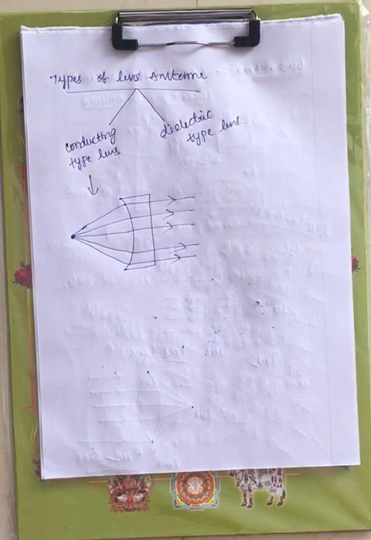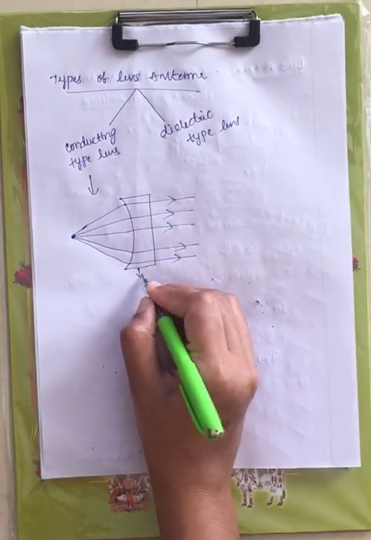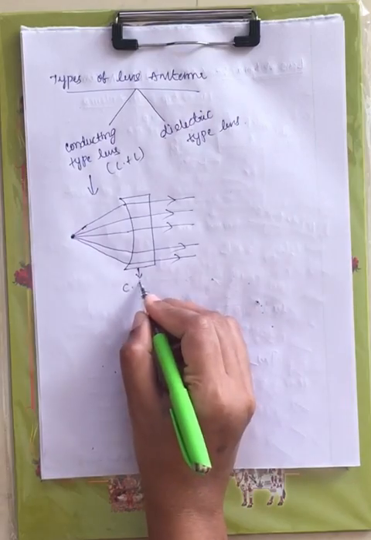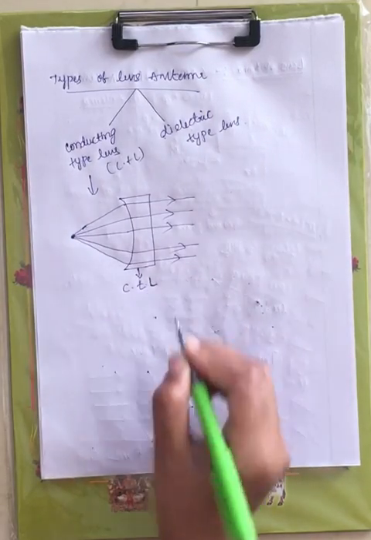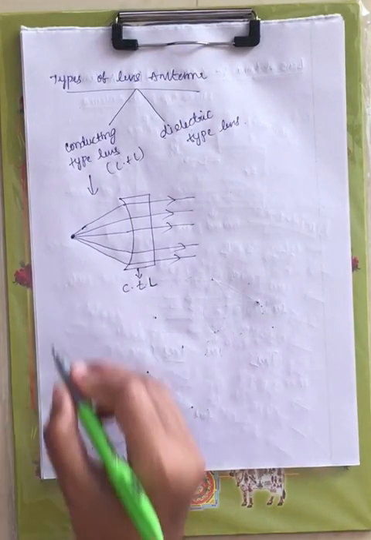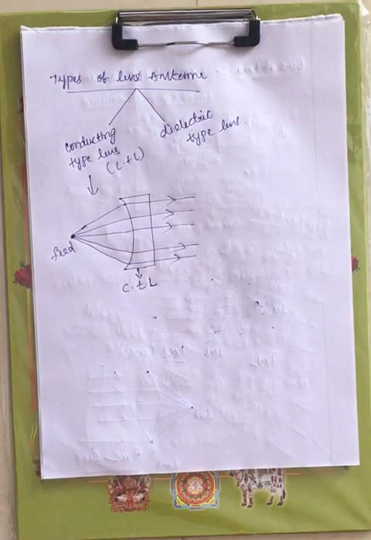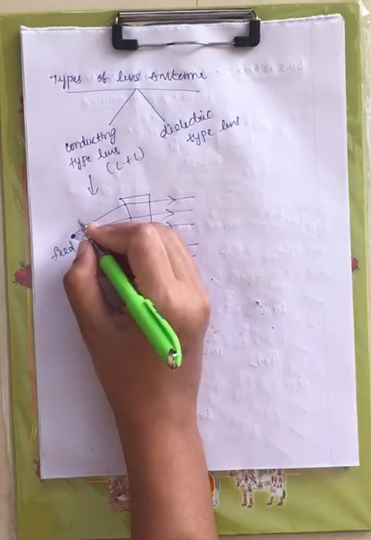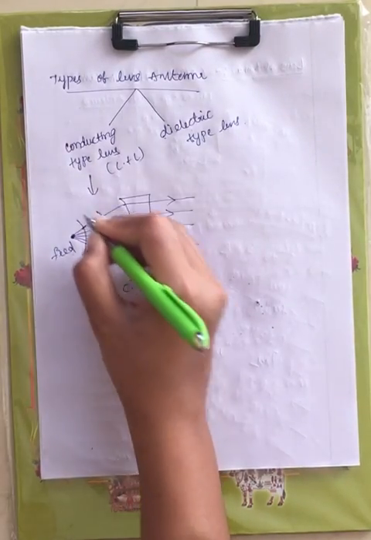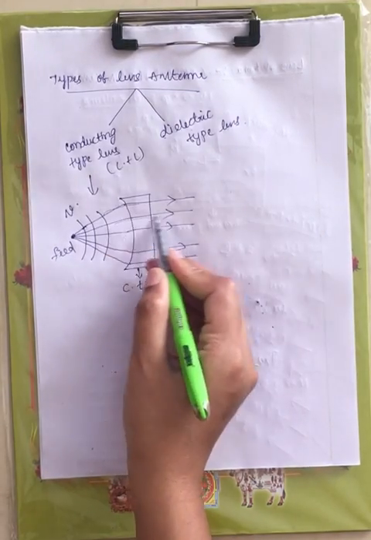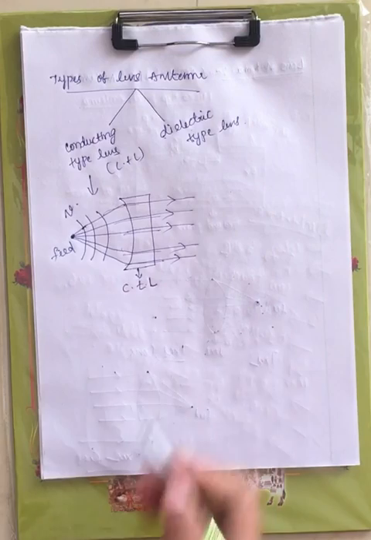Now what happens here is, this is your conducting type lens. I am writing the shortcut CTL, conducting type lens. Now this is your feed, and the feed will generate the signals. Now that signal is having the velocity v, right? These signals are getting transferred to the conducting type lens.